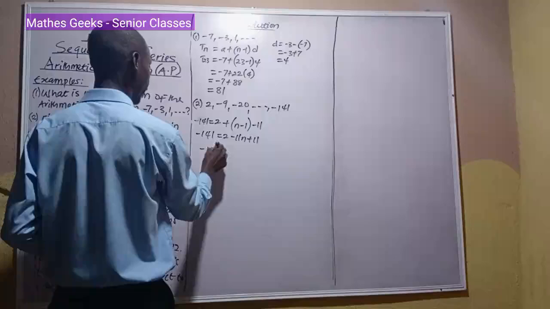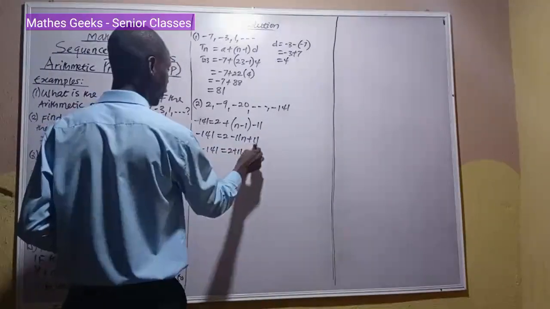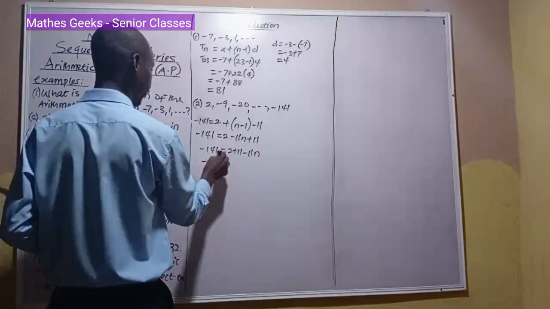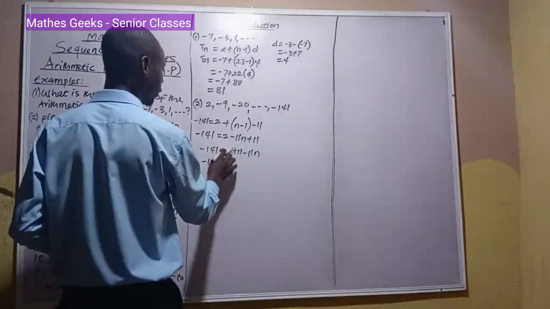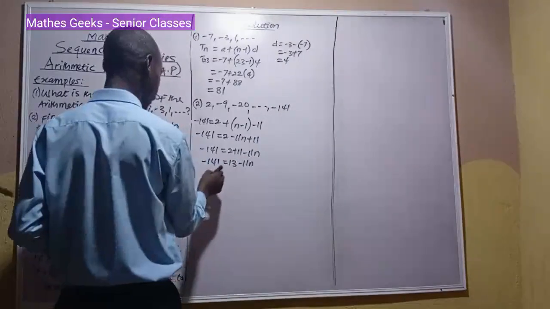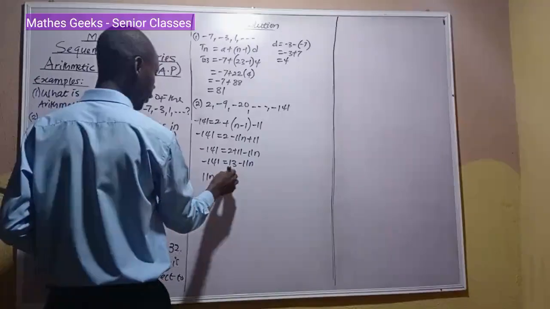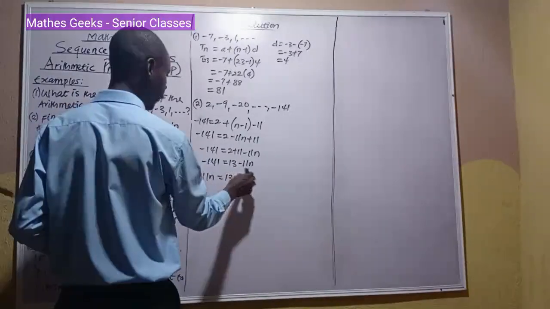So minus 141 is equal to 13 minus 11n. So 11n is equal to 13 plus 141.